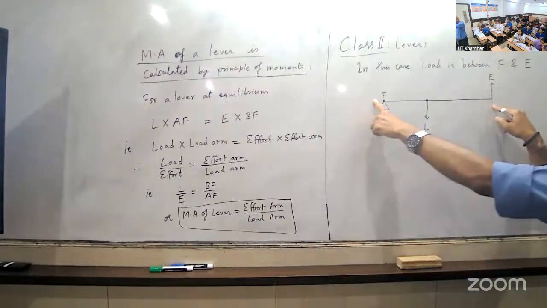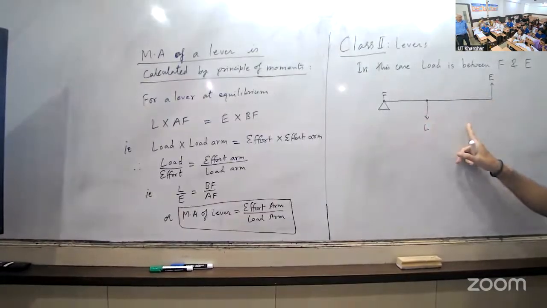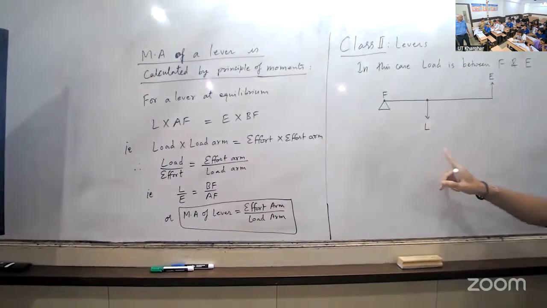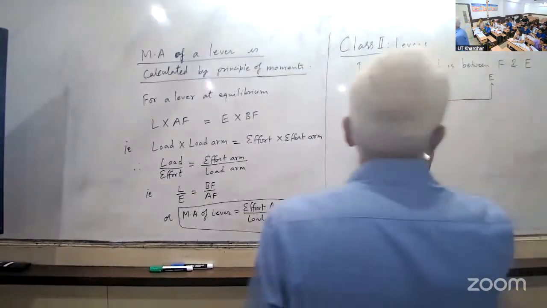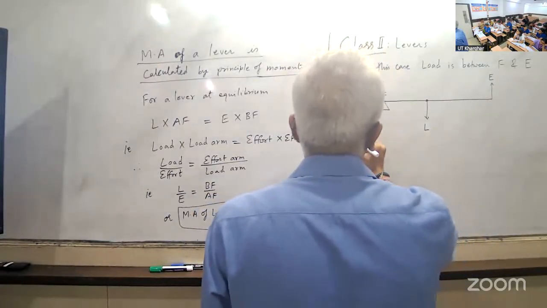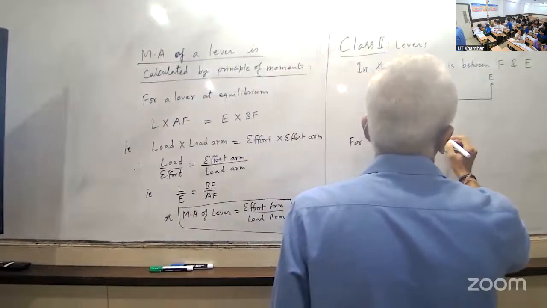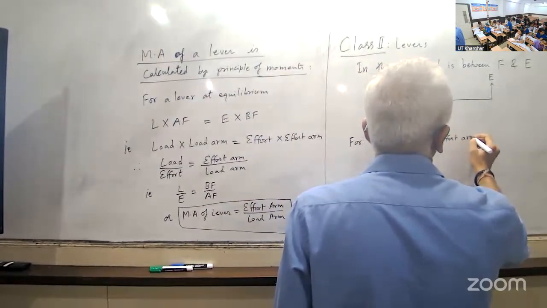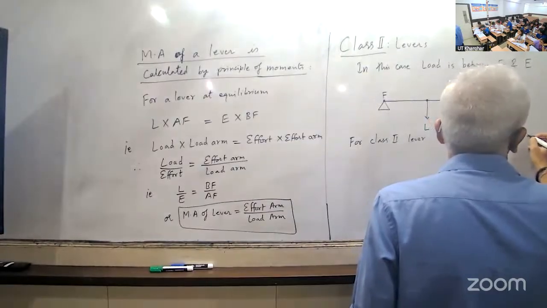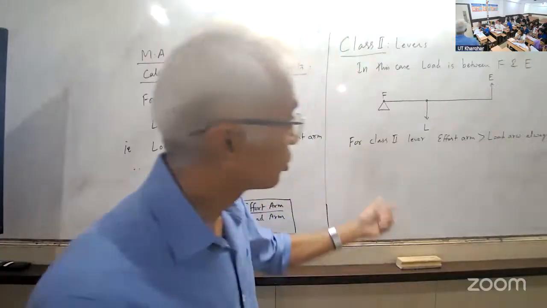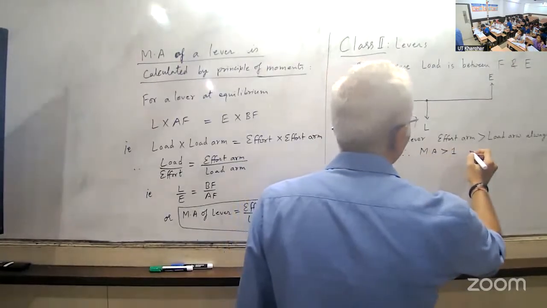This is effort arm. Okay, in case of class 2 lever, effort arm is always greater than load arm. So what will be its mechanical advantage? Greater than 1 always. Okay, because where is the load? In the middle. So for class 2 lever, effort arm is greater than load arm, always. Okay, so only one type of machine is made in this. Therefore, MA will be greater than 1 always.